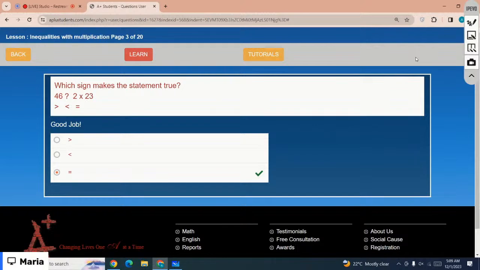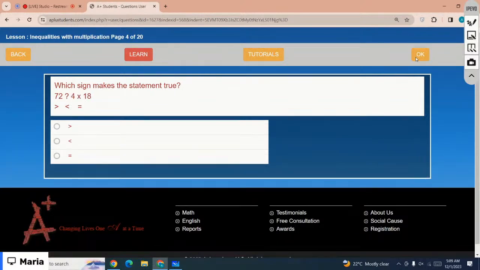The next one is 72 and you have to evaluate 18 times 4. Which is the correct option?